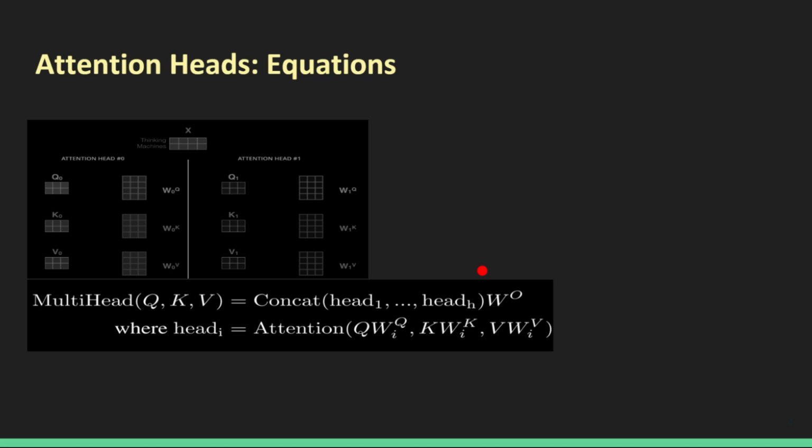So formally, you concatenate the output of each attention head, and then you multiply that by the matrix WO to get your multi-headed attention representation.